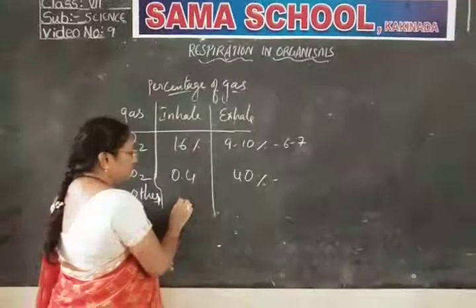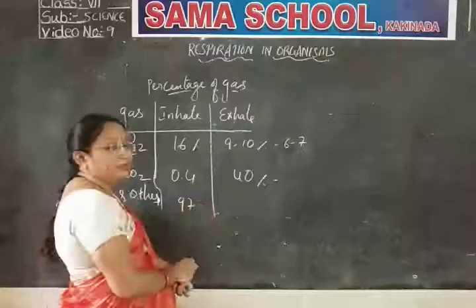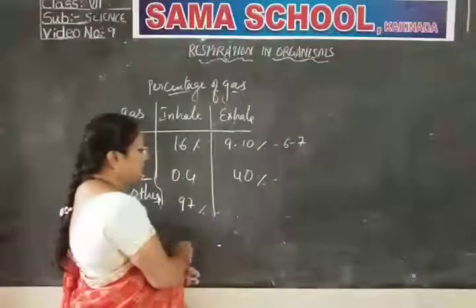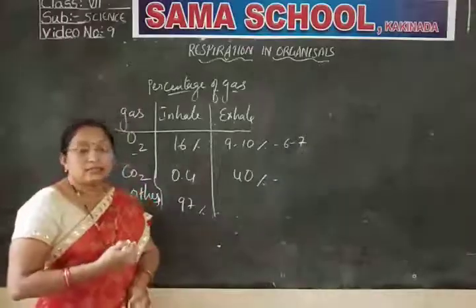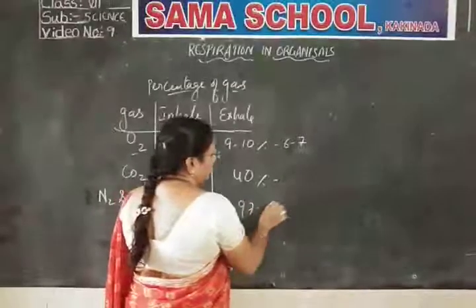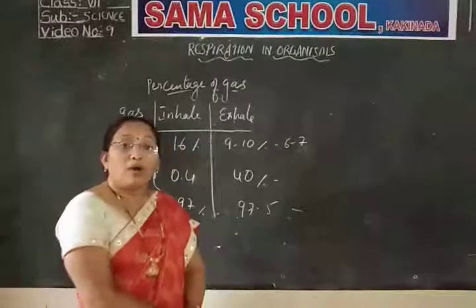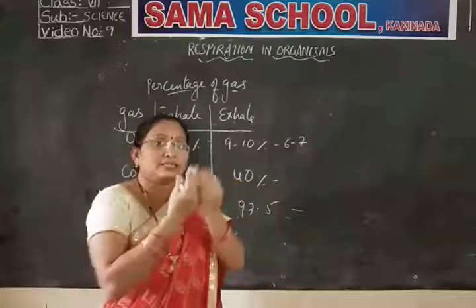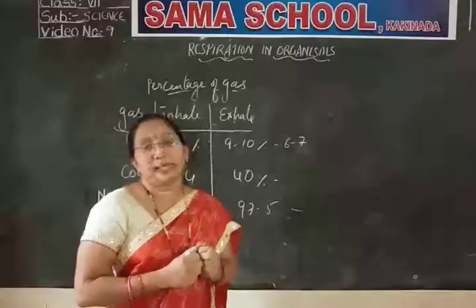For example, nitrogen and other remaining gases are of course more than that, about 97% when inhaled, and 97.5% when we exhale. What happens to this? Why is the gas we inhale not the same gas we exhale?